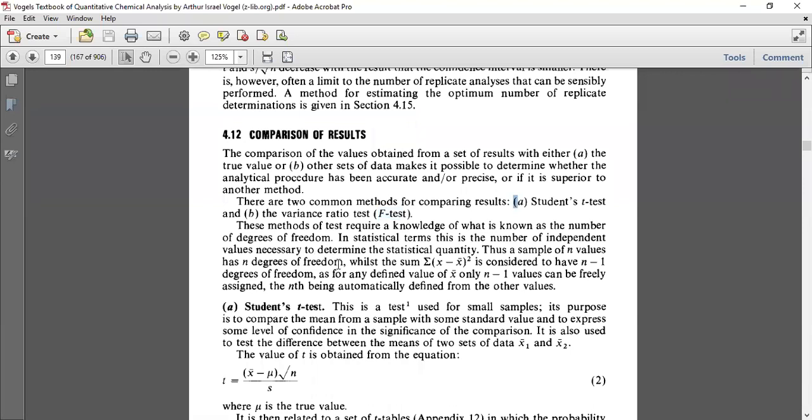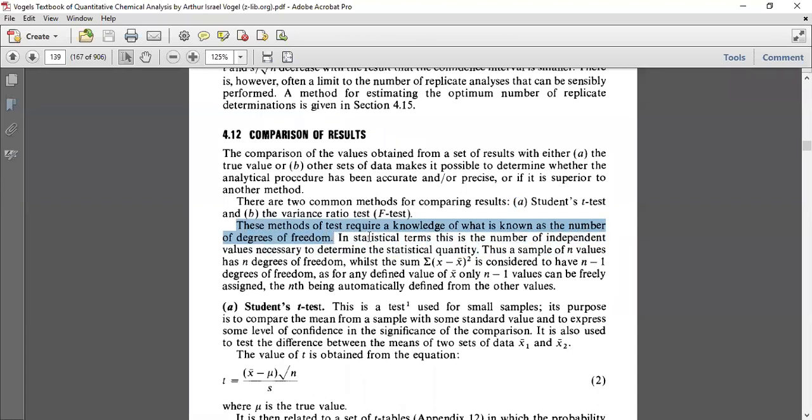Now one question will be there in your mind. We have seen what degrees of freedom means. For example, the number of observations is 10, then we consider n minus 1, 10 minus 1, 9 degrees of freedom, isn't it? So what is that exactly? If you read this paragraph, these methods of test require knowledge of what is known as the number of degrees of freedom.